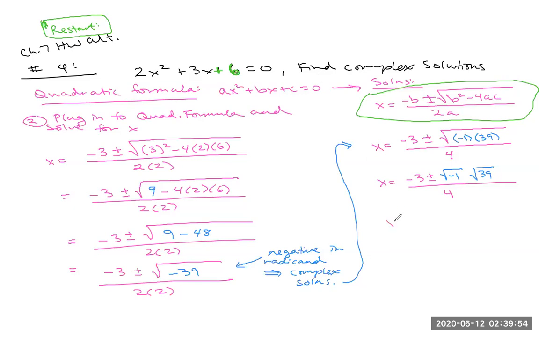And then in your next step, things that don't change, your square root -1 becomes i. By definition, i is equal to the square root of -1. You still have a square root 39 next door.